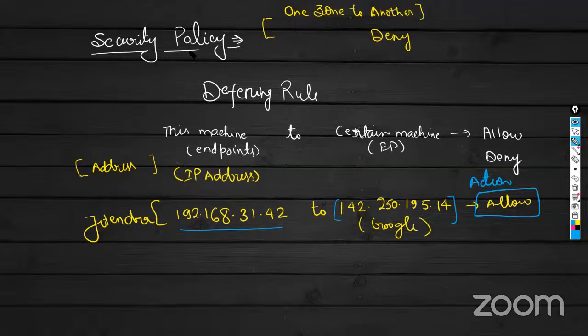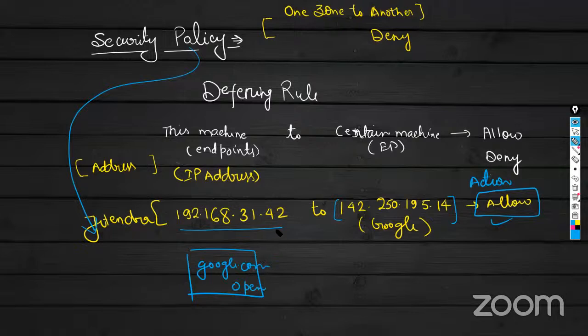In the Palo Alto firewall we call it a policy, but it's a rule you configured to allow from this IP to that IP. So if on his machine he accesses google.com, then he will be able to open it.